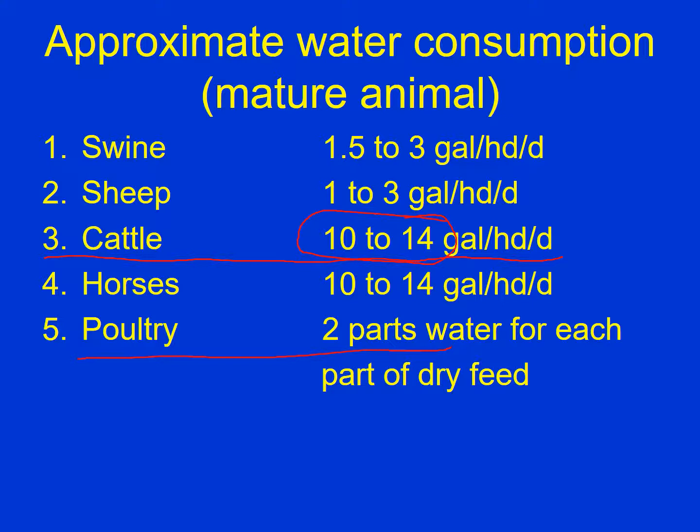In a lot of large livestock units, they may have water meters for the individual pens, and check that water consumption daily. If water consumption is down, it might indicate we have a health problem with the animals.